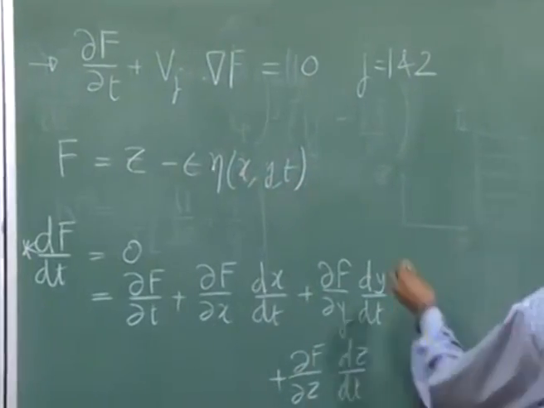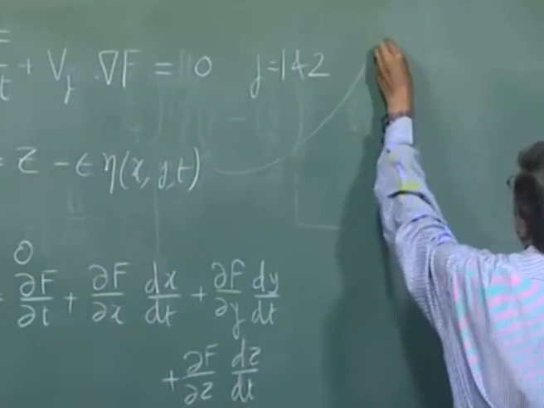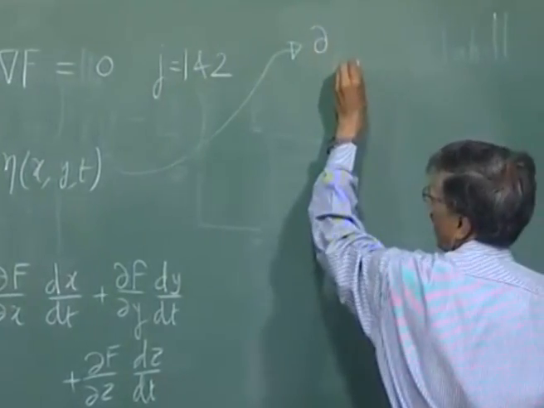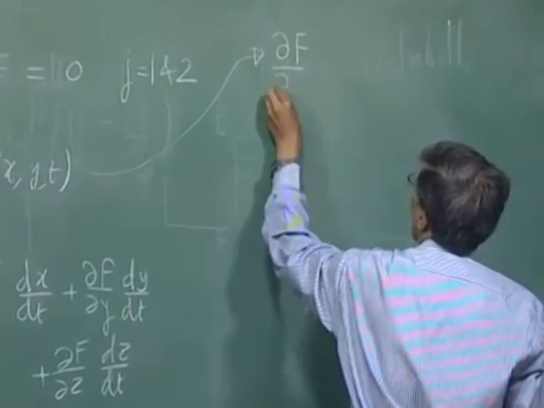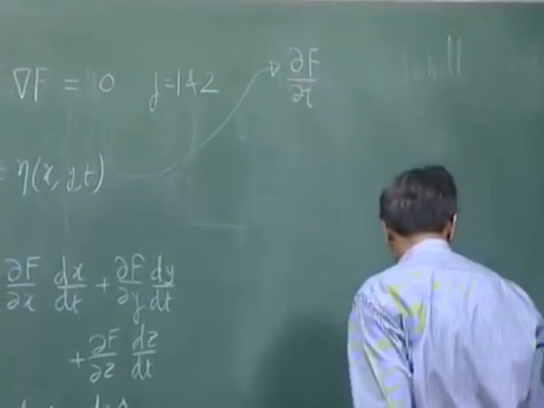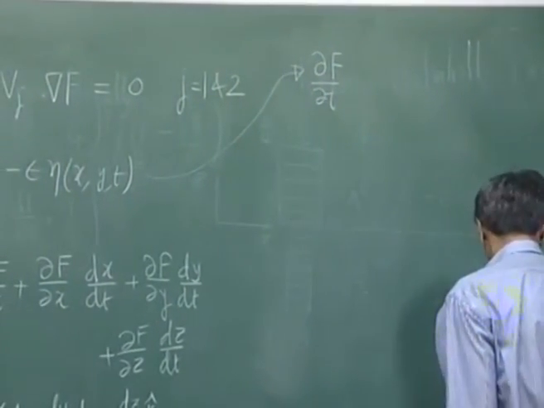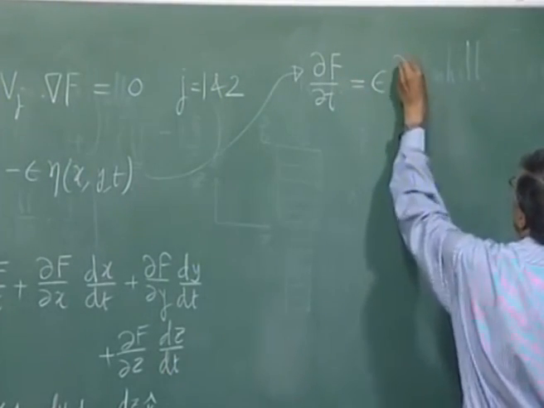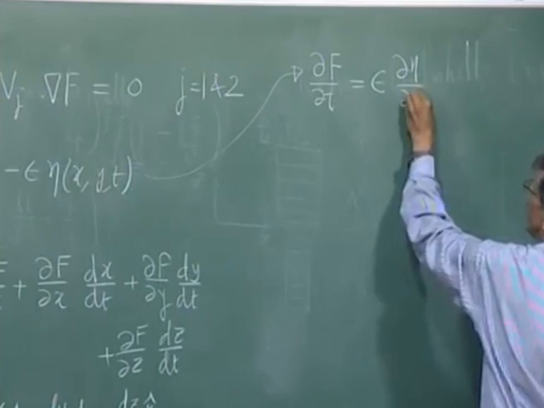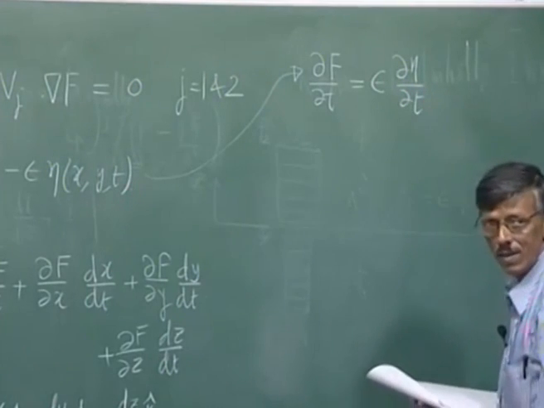So from there, del f del t would be equal to epsilon del eta del t, is not it?